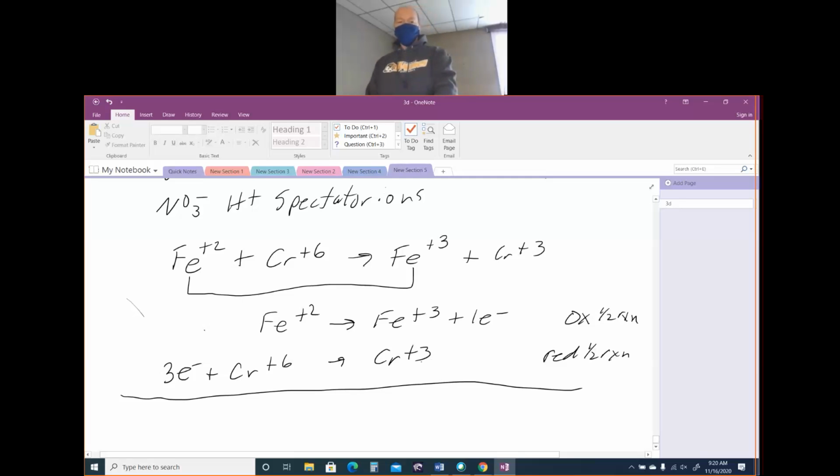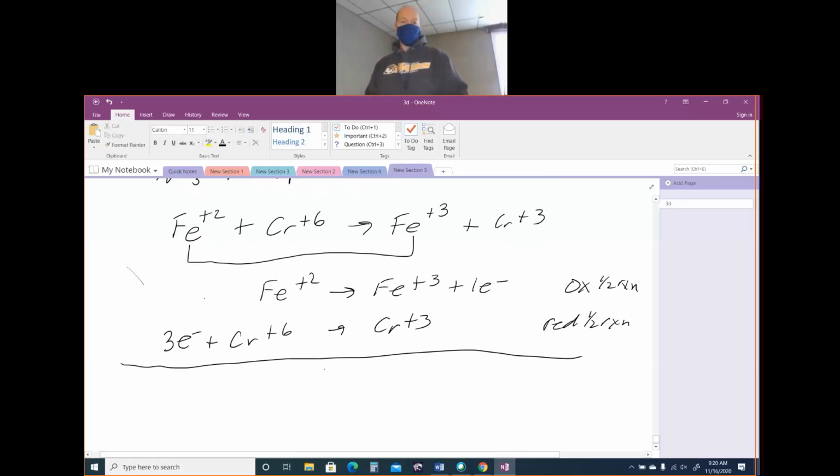So when we add this up, we first have to multiply. We have to have the same number of electrons on the left and right. And so we multiply this by 3.